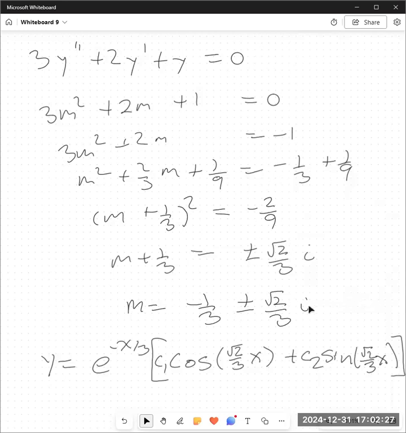And we'll come back, and next time we'll deal with the idea of undetermined coefficients and the superposition principle for dealing with non-homogeneous linear differential equations.